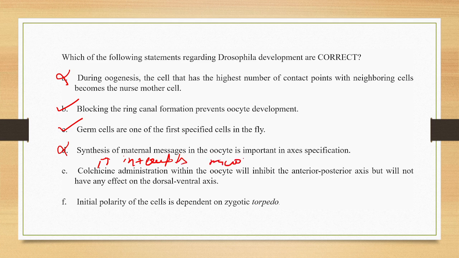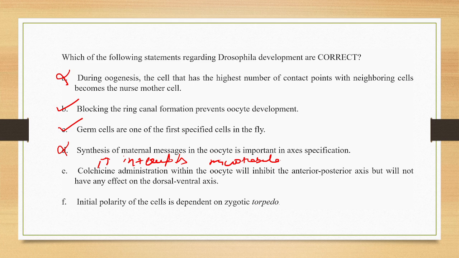So when microtubules are interrupted, that means both anterior-posterior axis formation is inhibited and dorsal-ventral axis formation is also inhibited. Why?